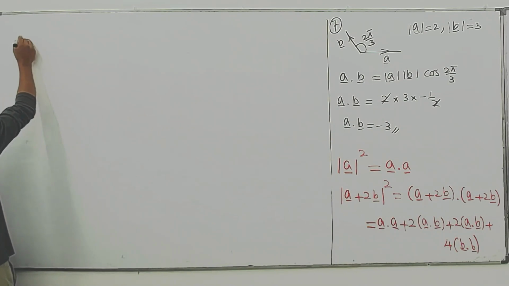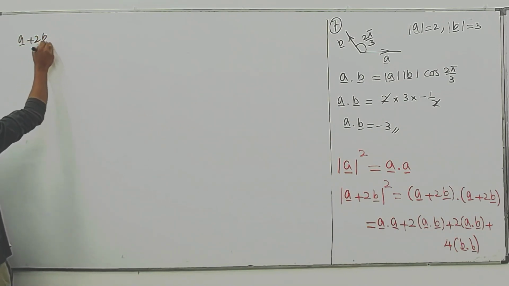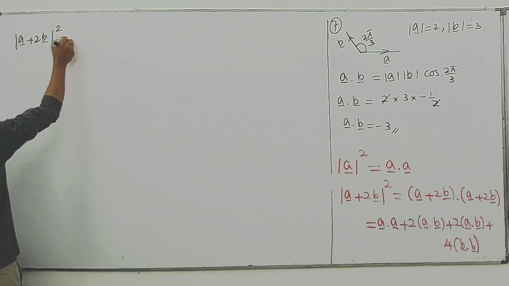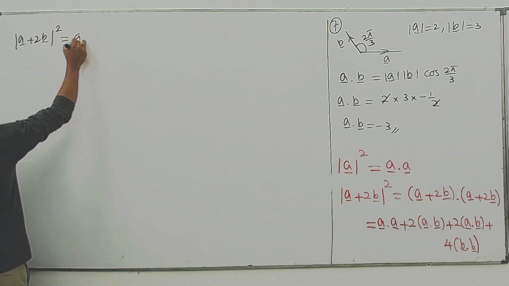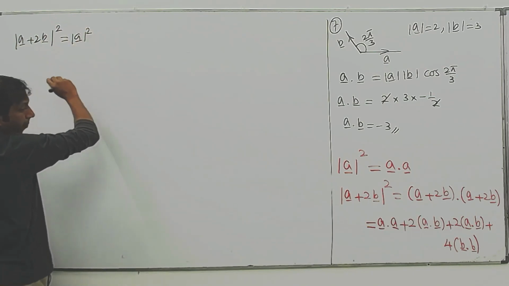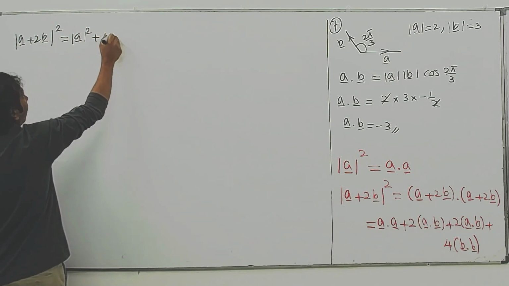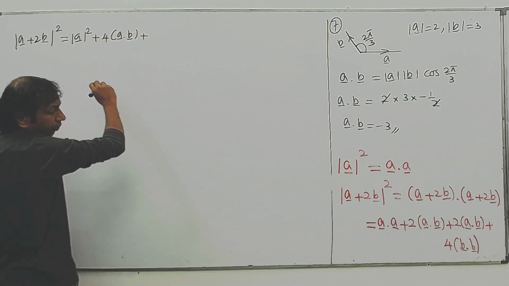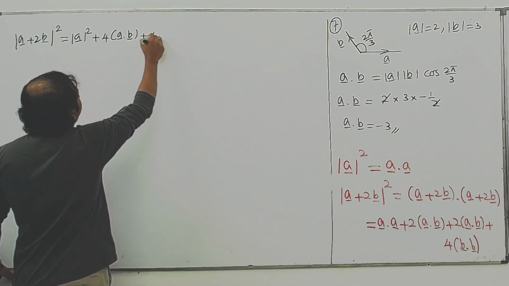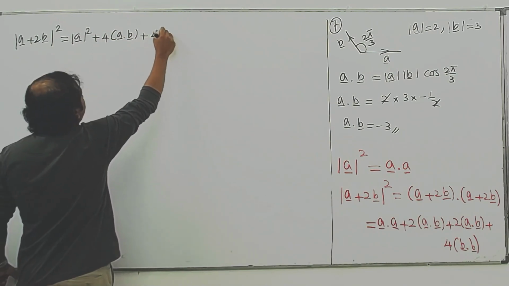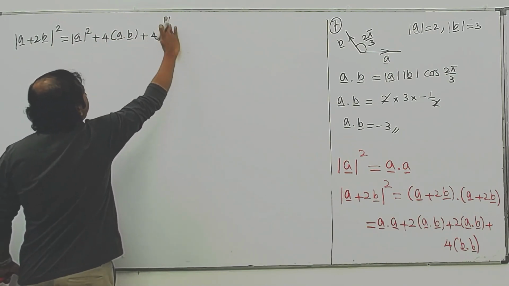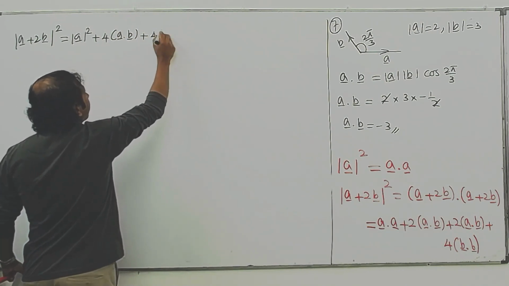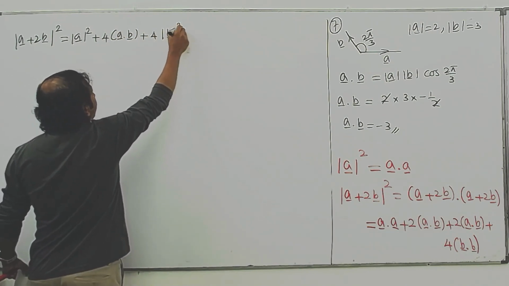Mod of A plus 2B perfect squared is equal to mod A squared plus 4 A dot B plus 4 mod B squared. You see, right.